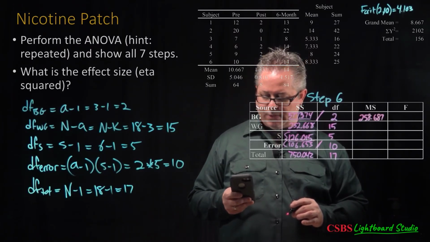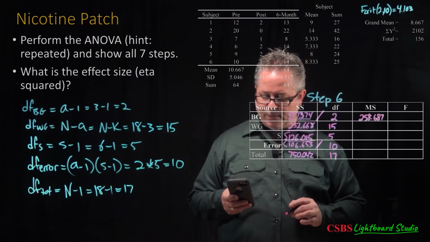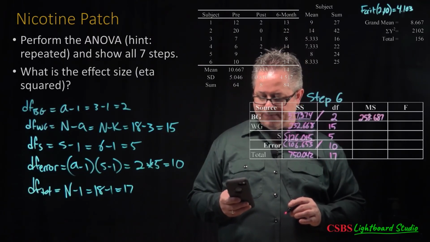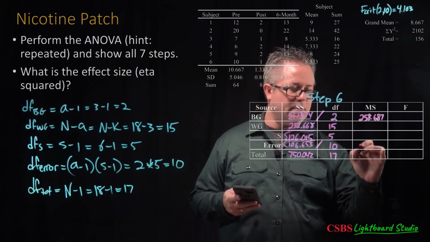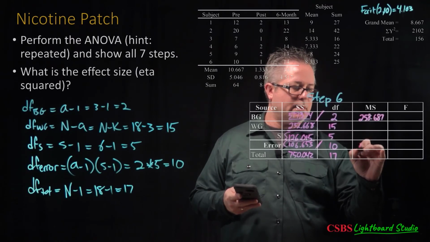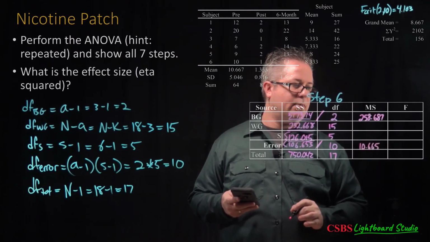And then I have 106.653 divided by 10, which is 10.665 error.